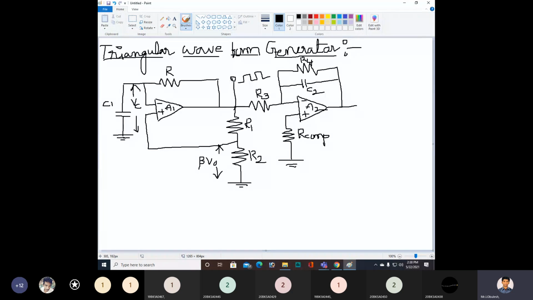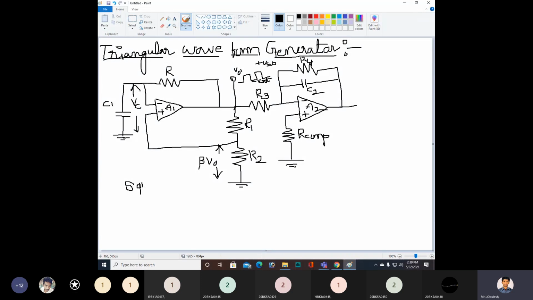Here we are getting V01, plus V saturation to minus V saturation. This is the plus V saturation. This is the minus V saturation.